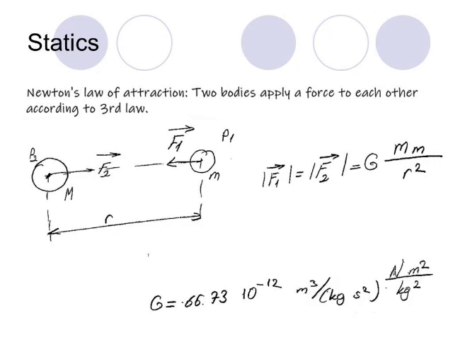It is 6.673 times 10 to the power minus 11 meter cubed divided by kilogram second squared. Okay, so this is the law of attraction.